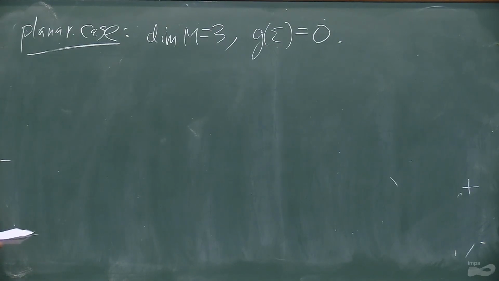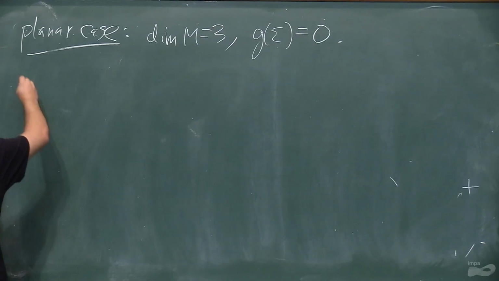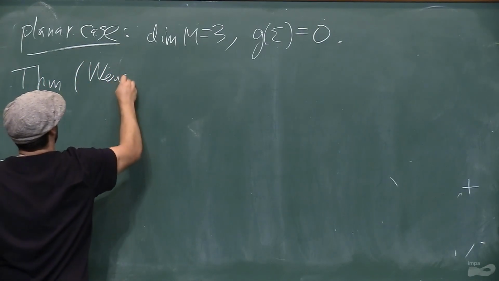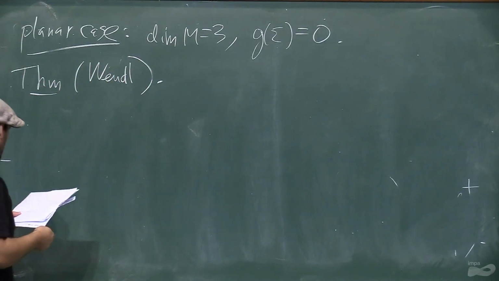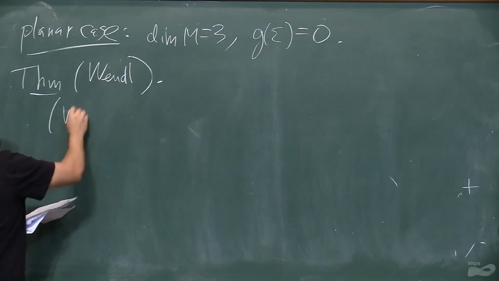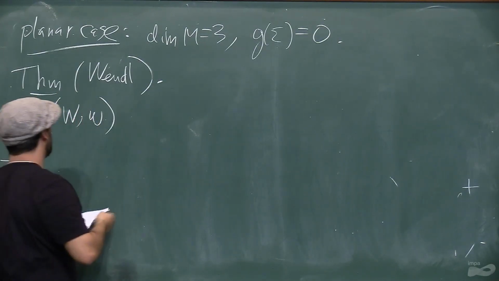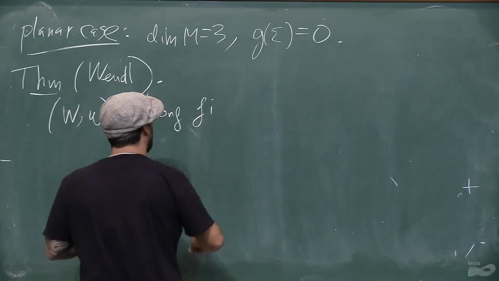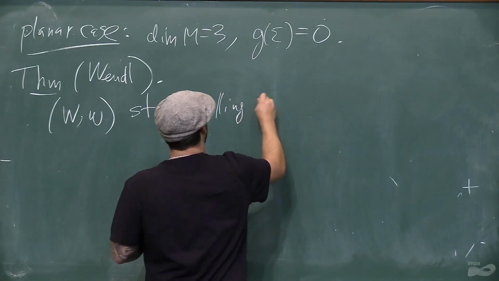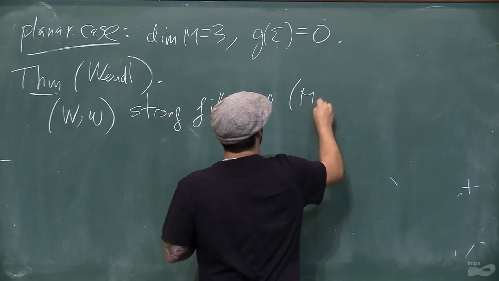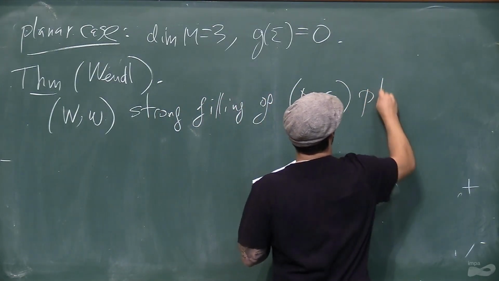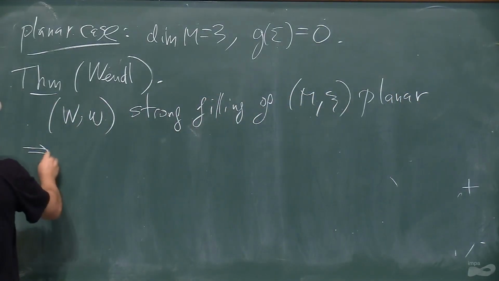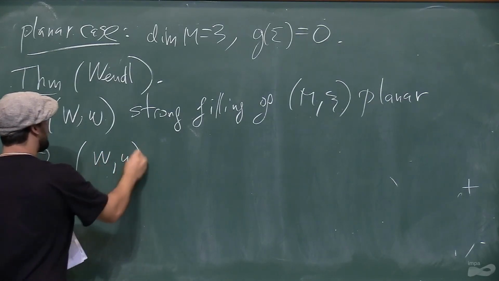So in this case, already in dimension 3, there's the following theorem by Chris Wendl, which says the following. If you start with a strong symplectic filling of a planar contact 3-manifold, then the symplectic manifold admits a very special structure.